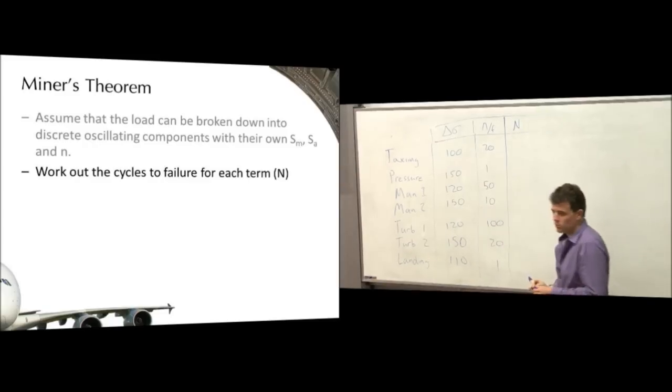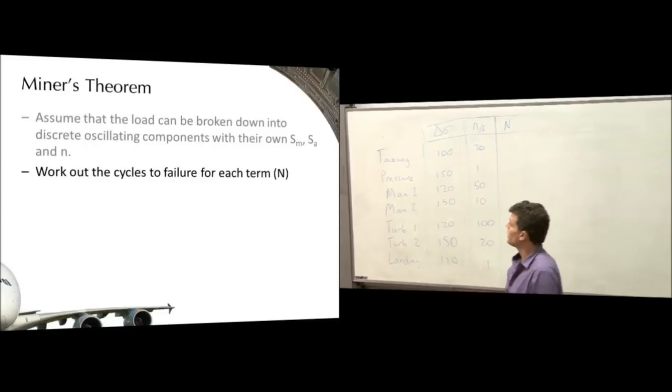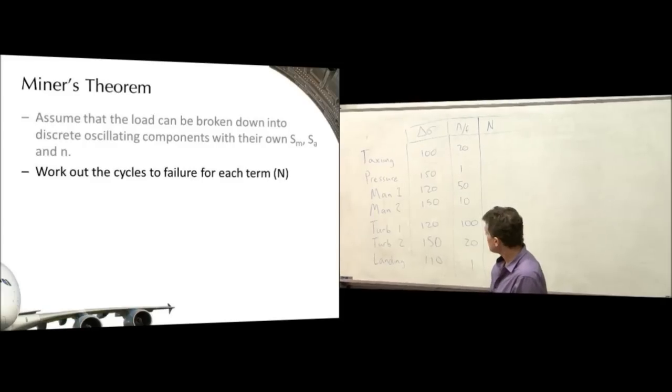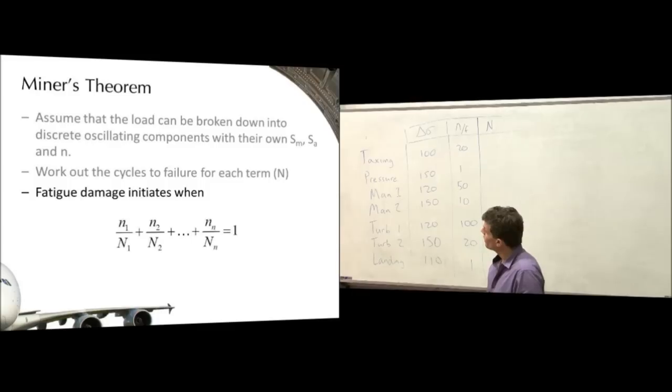So on the table we'll show you in a minute, we need a number of cycles to failure if that was the only type of loading that was occurring. Now we can say that fatigue failure will occur when the sum of all these ratios, the number of cycles for loading type 1 divided by the critical number of cycles for that loading type, plus the second, plus the third, plus the fourth equals 1.